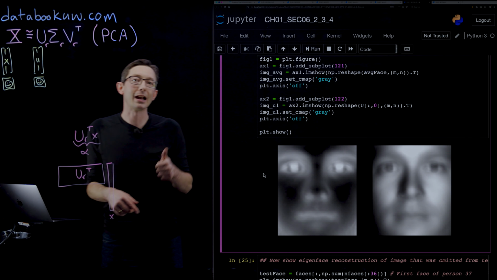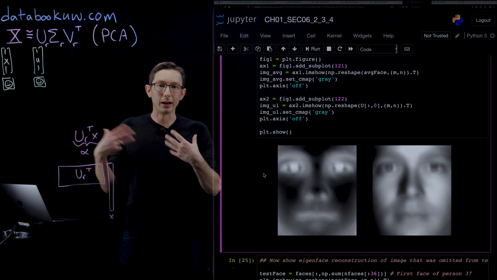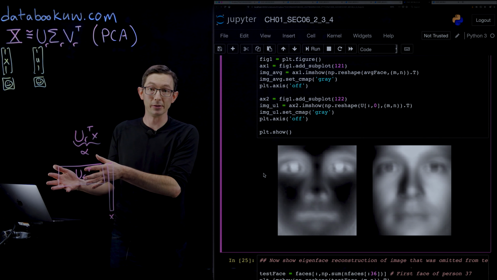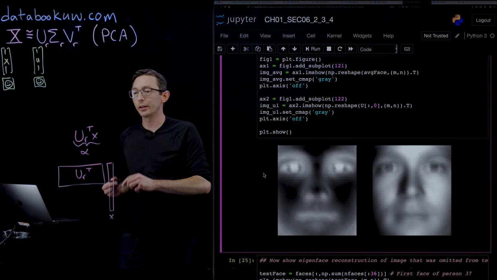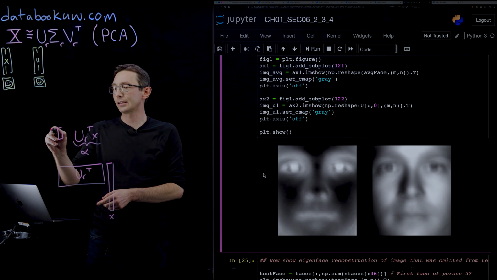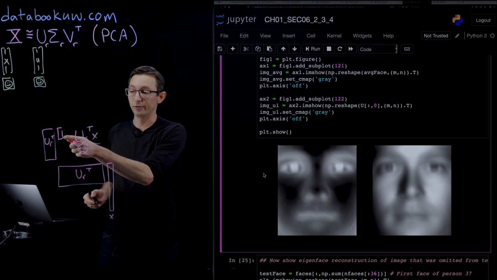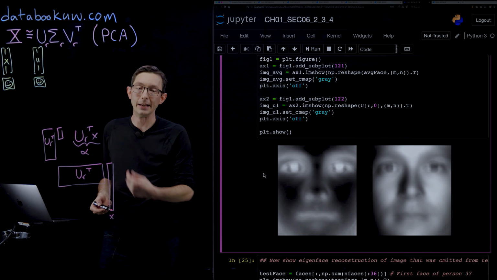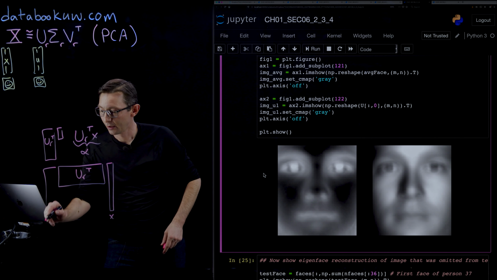So this alpha is kind of like a fingerprint in this eigenface space that you can use to reconstruct people's faces. And if you want to go from that little alpha back to a high dimensional X, you just multiply it by U_R. You take that combination of those columns of U_R, and you get back to an image.